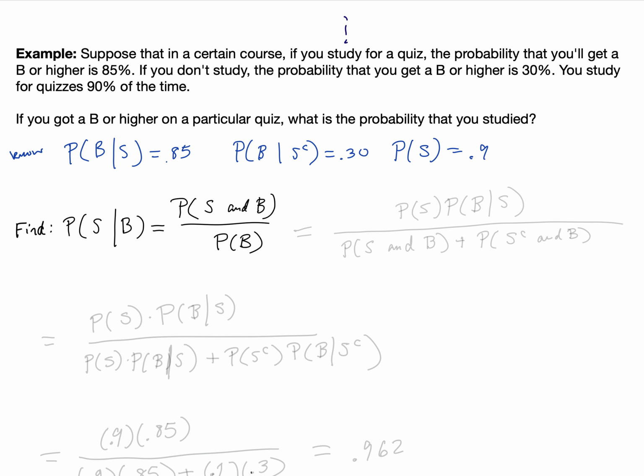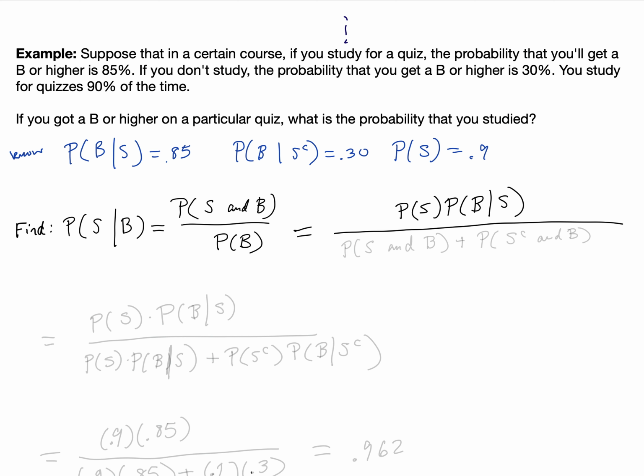The numerator is equal to the probability of S times the probability of B given S. That's just the multiplication rule, and we're trying to write this all in terms of things that we already know about. We do know the probability of S, and we do know the probability of B given S, divided by the probability of B.